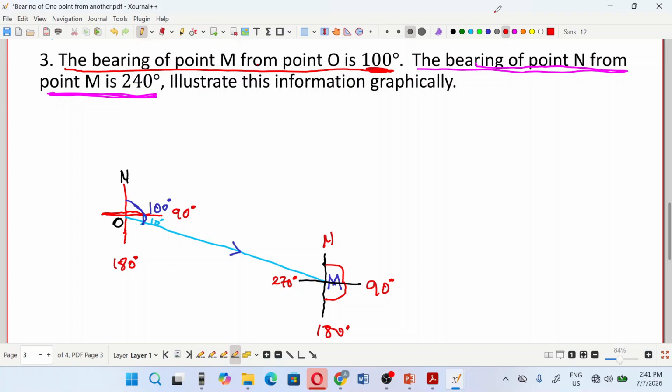Because I need 240 from the geographical north. I already have 90, 90, I have 180, and I want 240, right? So it tells me that I need 60 more. So I need 60 out of this 90, right? And we know it's going to be more than half.